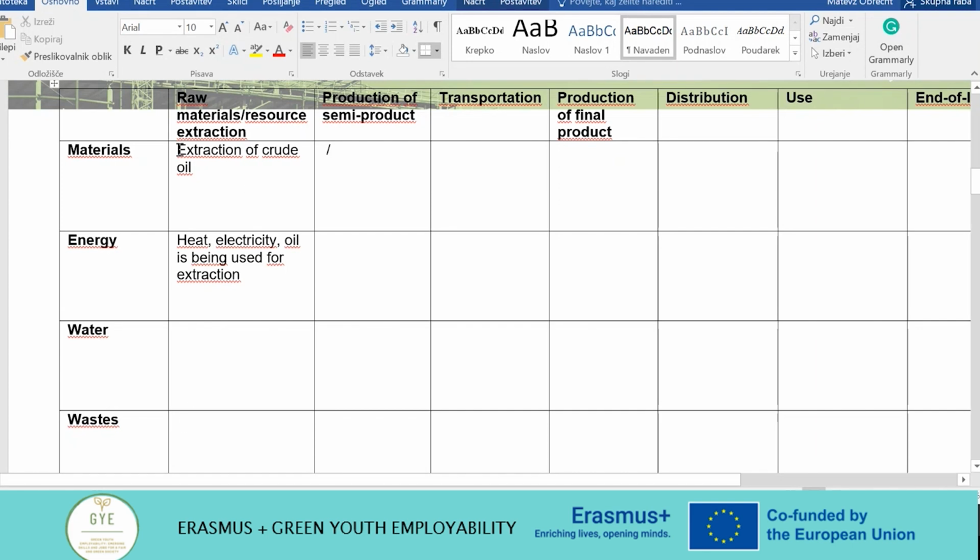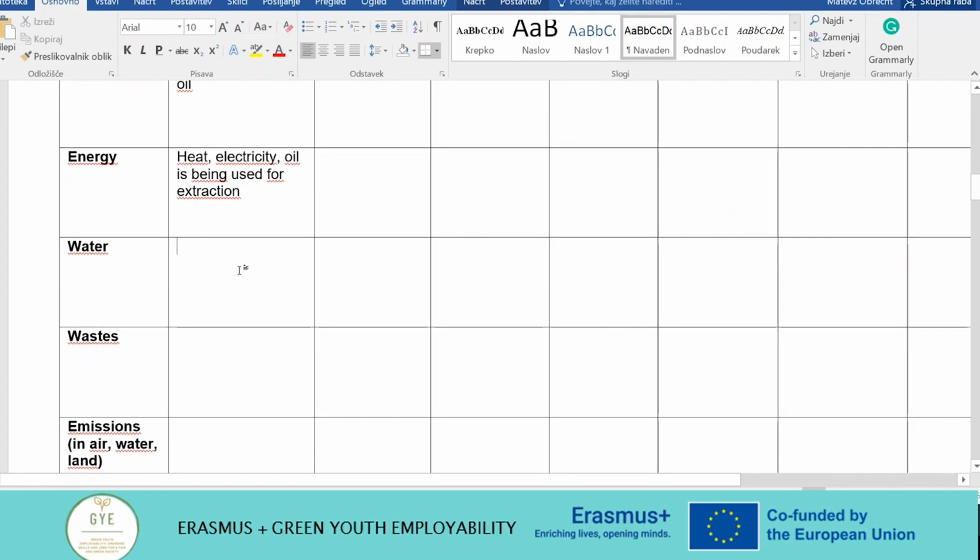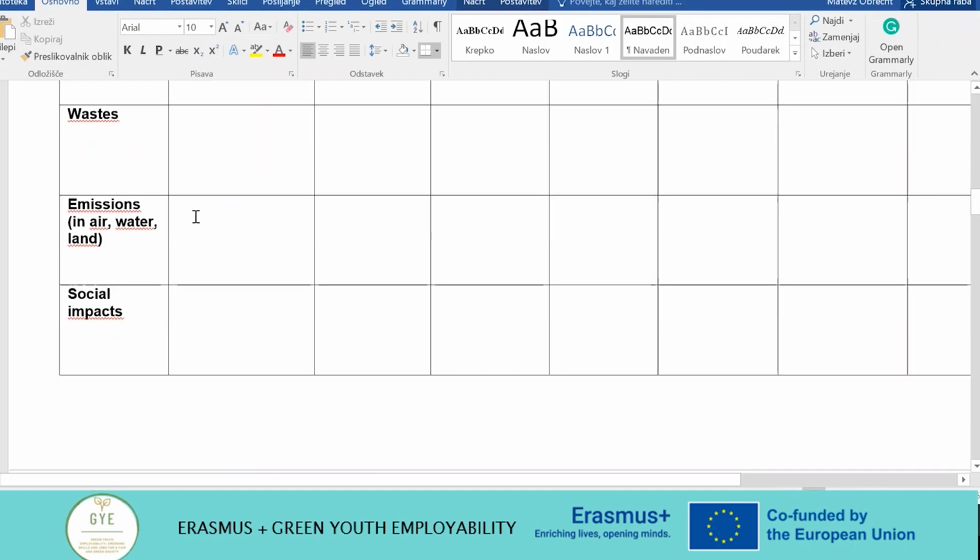So in the phase of extraction of crude oil, there is some electricity or oil that is being used for the extraction. Maybe there is some water that is being used. Maybe there are some waste that are being created. There are some emissions, for example, of CO2. You have maybe particle matters. You have maybe some emissions of NOx, and maybe some other emissions. So you will write down what is happening in this phase.